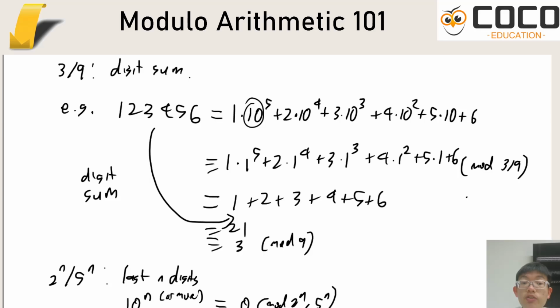When we say something is 0 mod something, it means that it's a multiple of it. So 10 to the power of n is a multiple of 2 to the n. So if, for example, I were doing mod 8, which is 2 cubed, this and this would all become 0, and therefore I only need to focus on the last 3 digits, which is the test for 2 cubed equals 8.